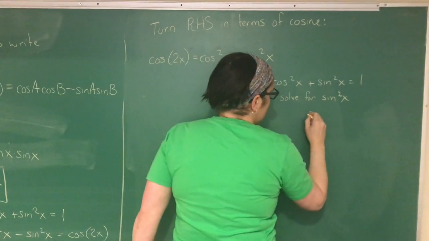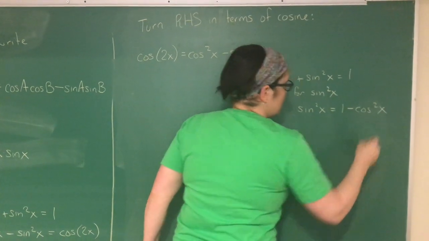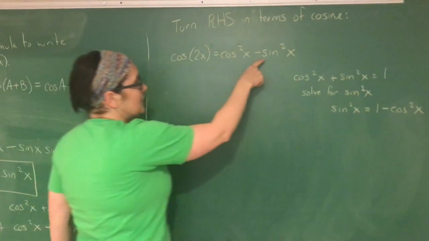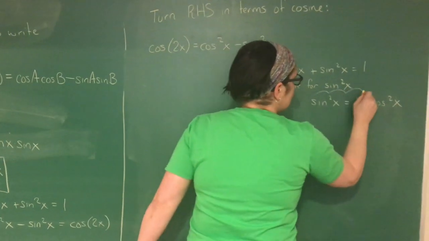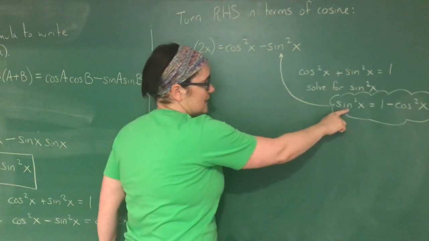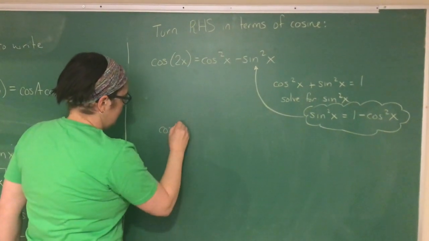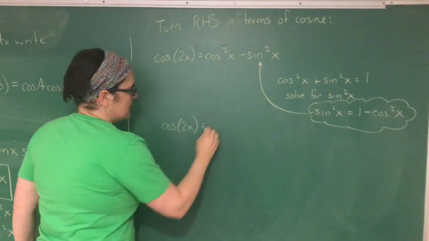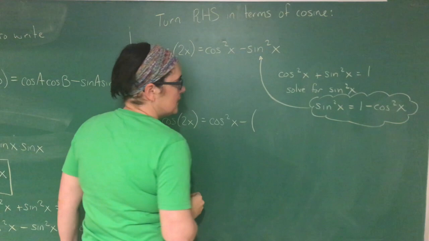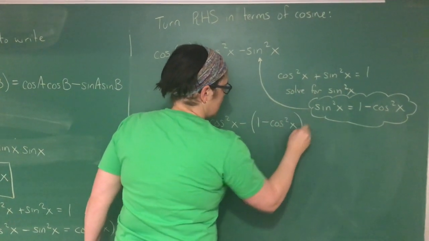And so I get sine squared x equals 1 minus cosine squared x. I'm going to use that over here, and instead of having a sine squared x up here, I'm going to replace sine squared with 1 minus cosine squared. So we now have cosine of 2x is equal to cosine squared x minus the quantity 1 minus cosine squared x.